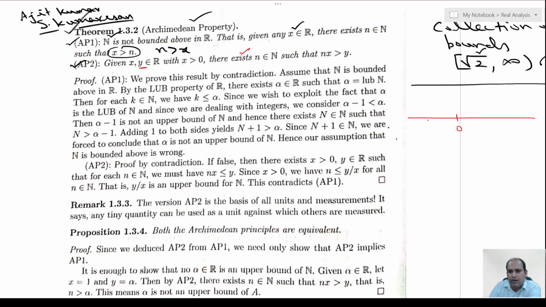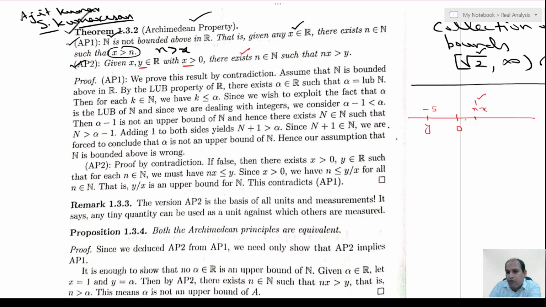If y is negative, then I can take n as 1, and since x is strictly greater than 0, n equal to 1 will work; nx will always be greater than y. For example, if I choose y equal to -5, then since x is already greater than 0, we get the natural number 1, which will serve our purpose. There exists at least one.